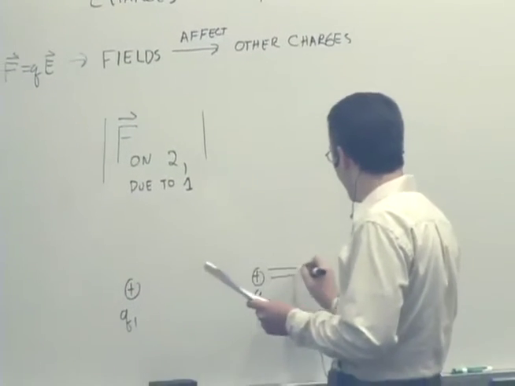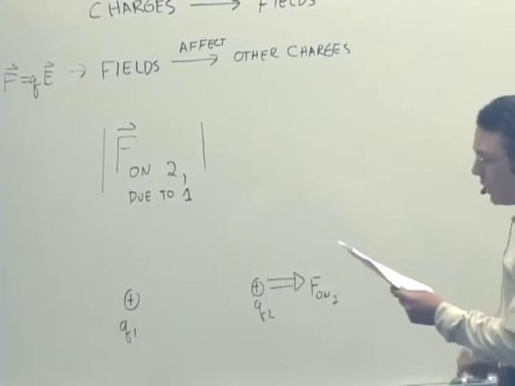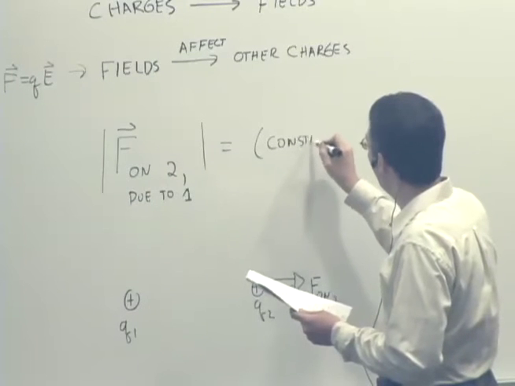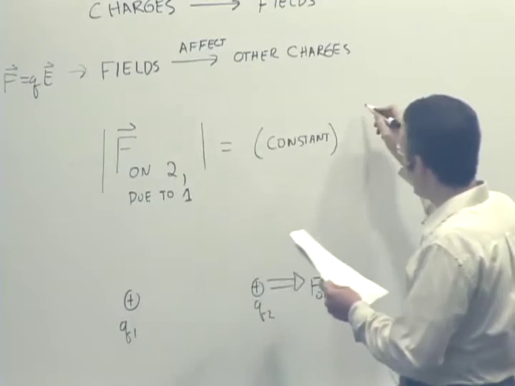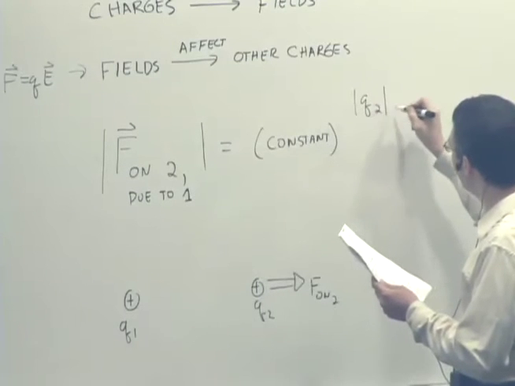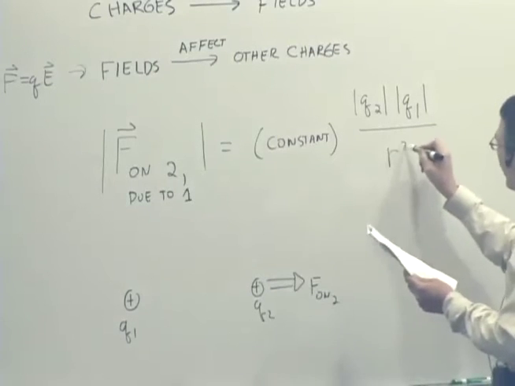And we said the force on Q2 will be that way. We said that with some constant times the charge, and since this is an absolute value, I'm just going to look at the magnitude, Q2 times Q1 over the distance squared.